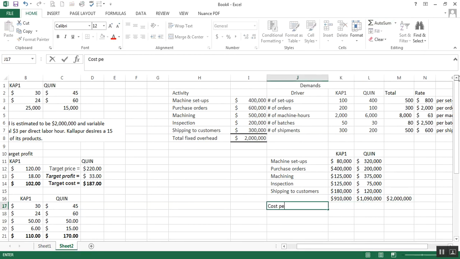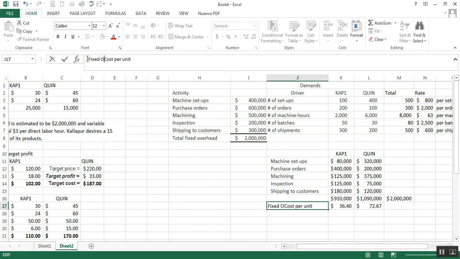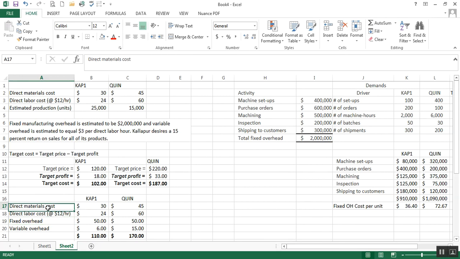Now to get our cost per unit, we divide it by the number of units. So here we're going to divide by 25,000 for KAP1, and this one's going to be divided by 15,000 for Quinn. Okay, and now this is our fixed overhead cost per unit. And now we can do our total product costs.